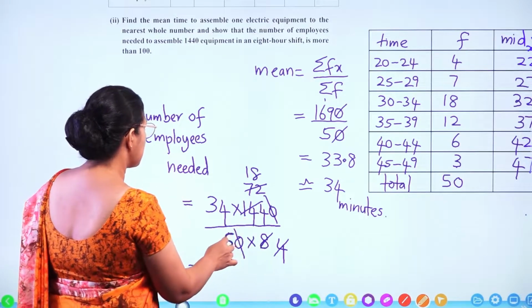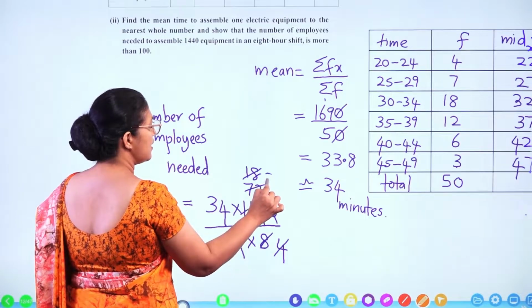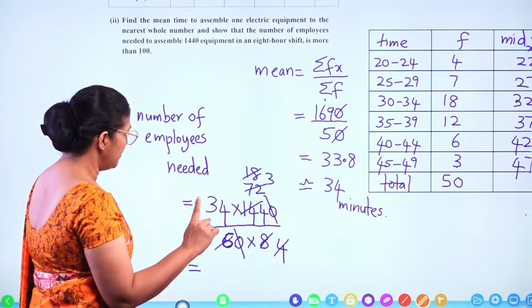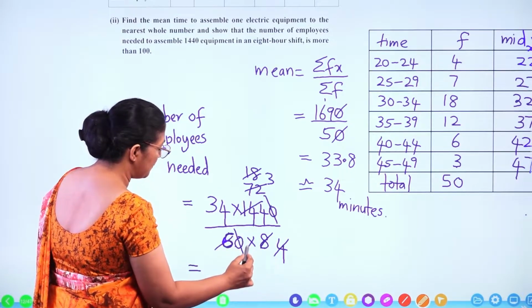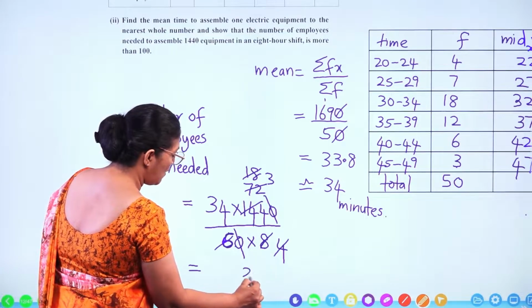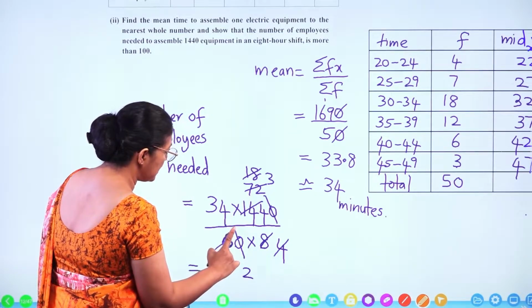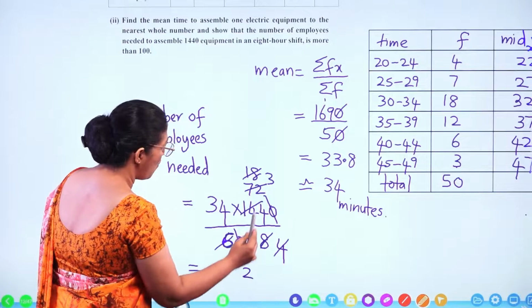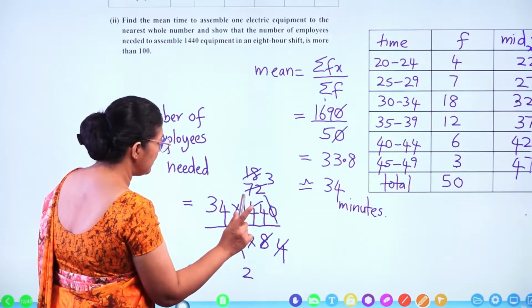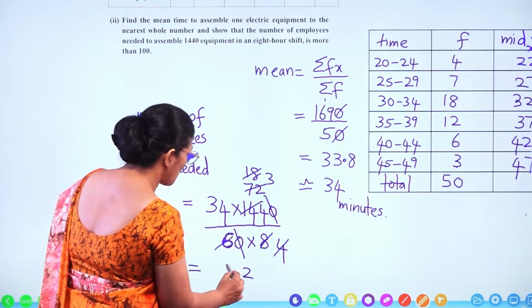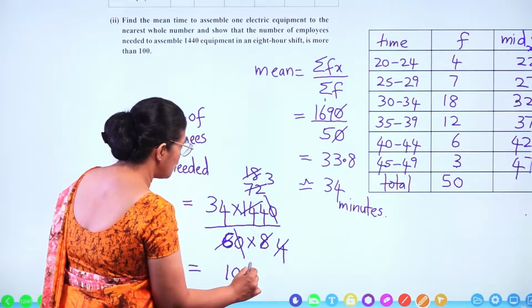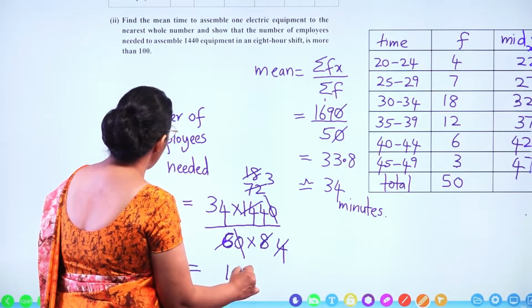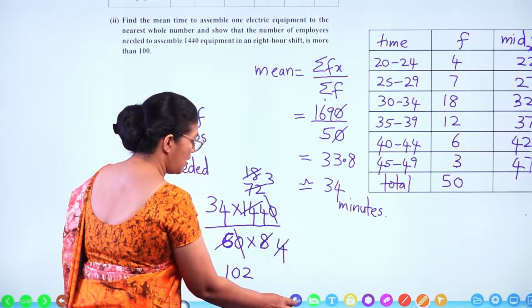Then 6 times 3 is 18. 34 times 3. 3 times 4, 12. 1 remaining. 3 times 3, 9. 9 plus 1, 10. 102 employees needed.